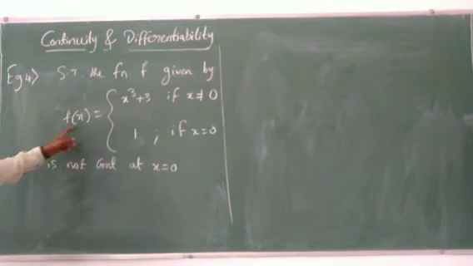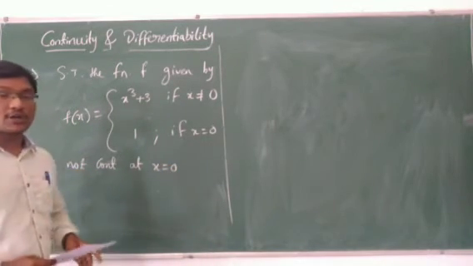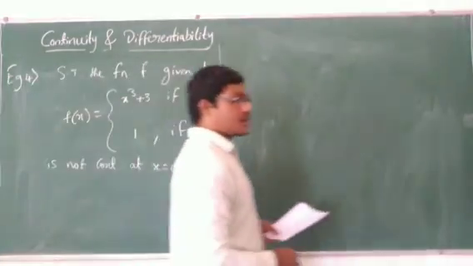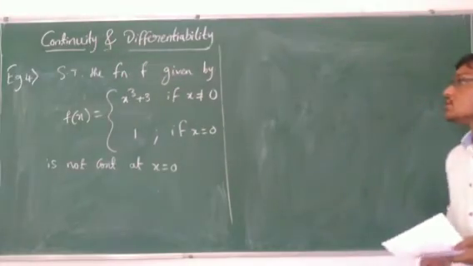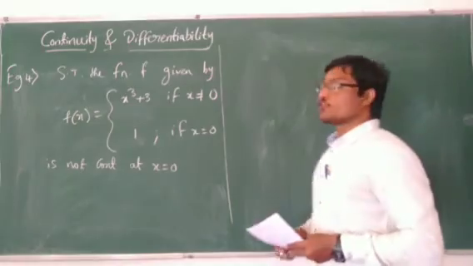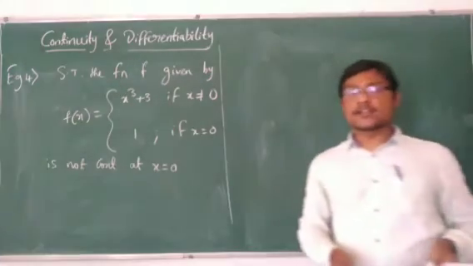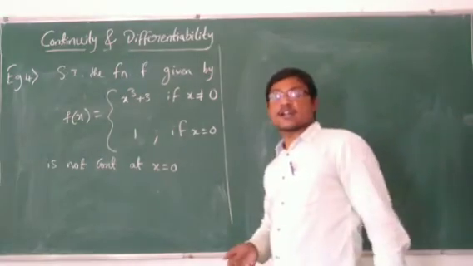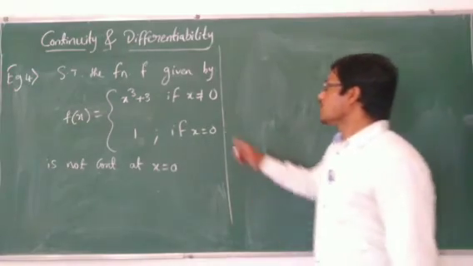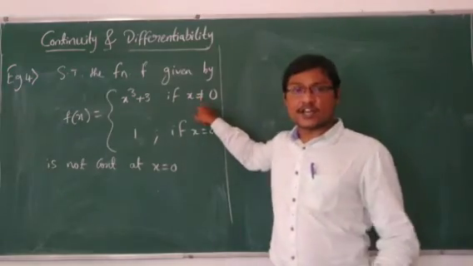We need to show the function is not continuous at x equal to 0. So first what we need to do is find the limit. How do we find the limit here? Should we take left hand and right hand limits? No, we don't have to take the left hand and right hand limit, because here we do not have less than or greater than.